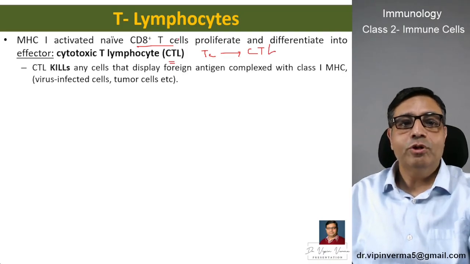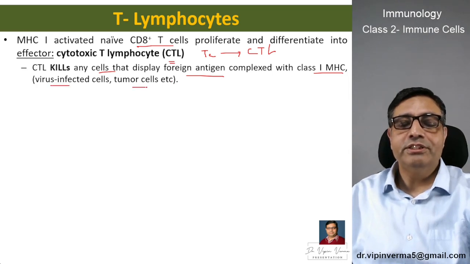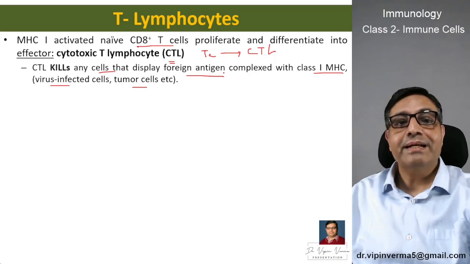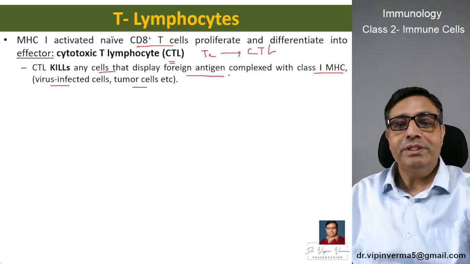Okay, now the CTL is a killing machine, it is the sniper. It kills any cell that displays foreign antigen complexed with class 1 MHC molecule. Whether it is a virus infected cell or a tumor cell, they are killed immediately when they show the class 1 molecules with the antigenic peptide. So they don't think, okay, they are our encounter specialists.